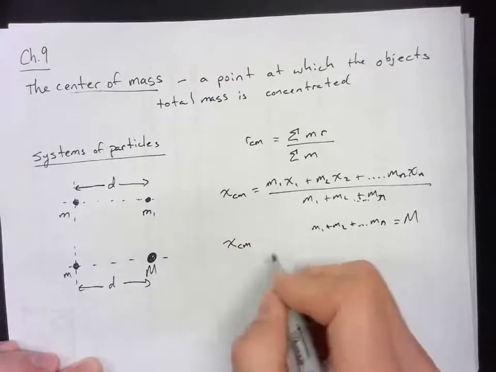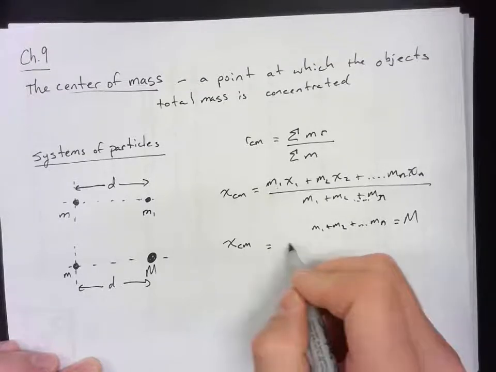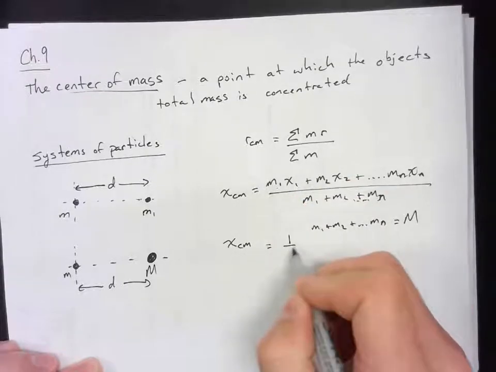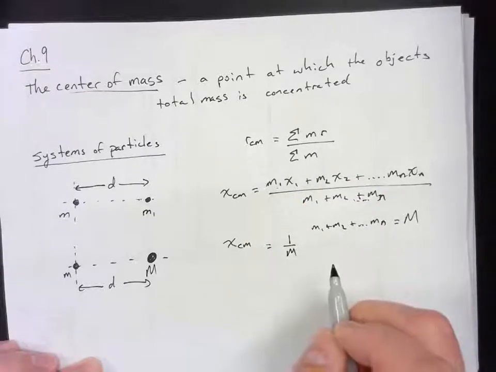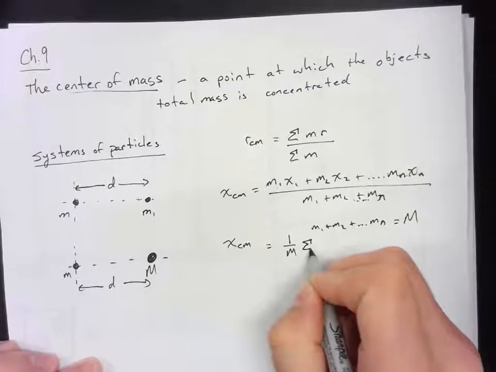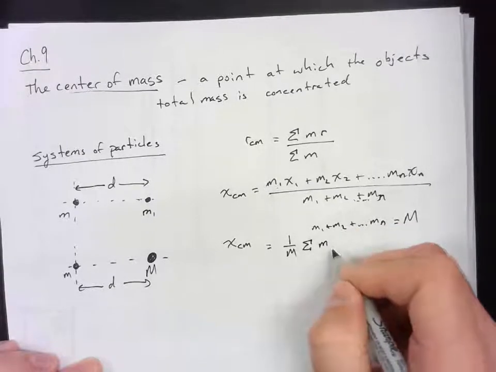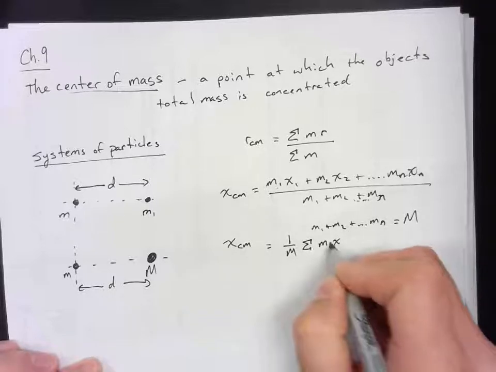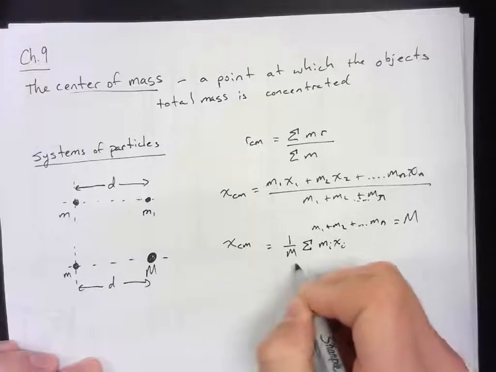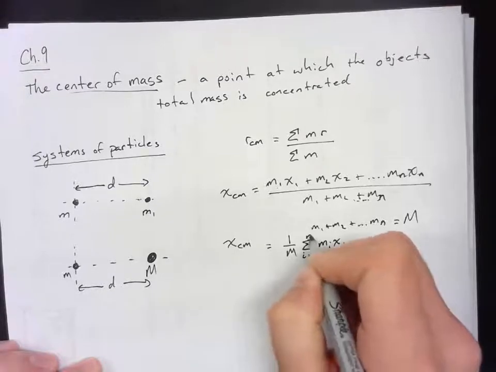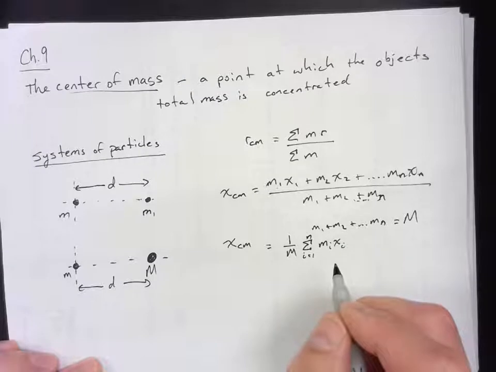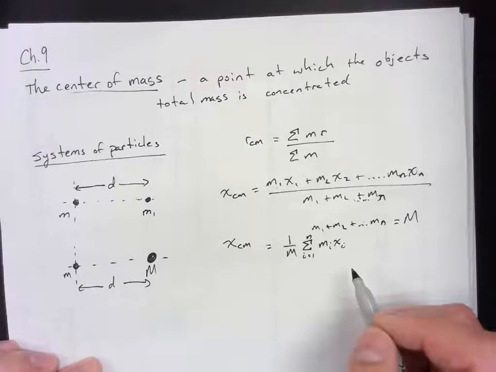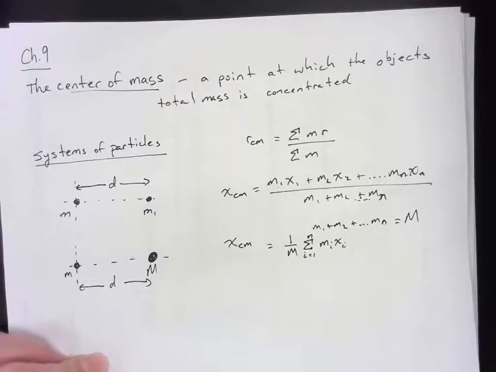So that XCM is going to equal, if we pull this out, 1 over M times the sum of the masses times their positions, from i equals 1 to some number n. All right, and we'll see how that form starts to help us out.